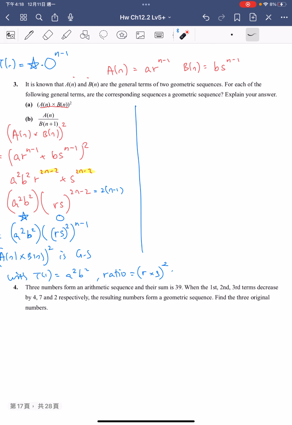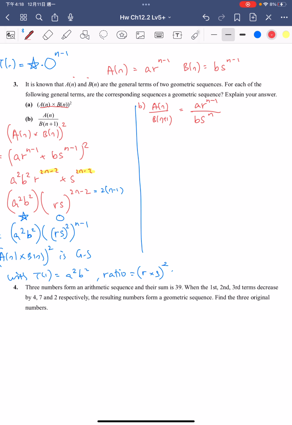Again, we should just substitute the whole thing into our formula from before. So we can say a_n divided by b_(n+1) is going to be equal to a_n, which is a r to the power of n minus 1. And for b_(n+1), we substitute n becomes n plus 1, so the answer we have is b s to the power of n, isn't it?